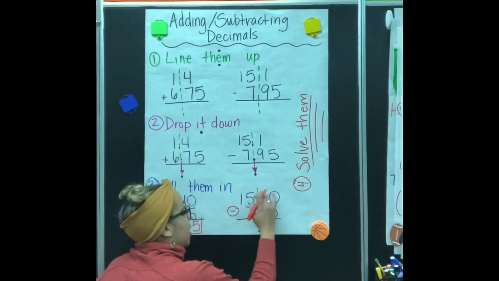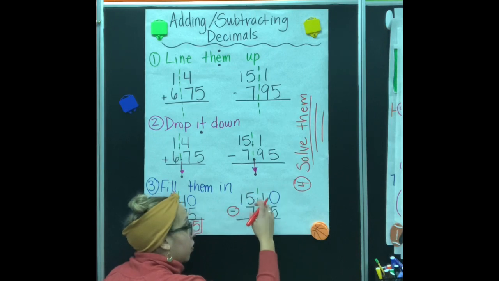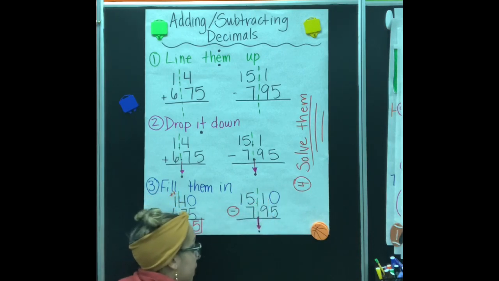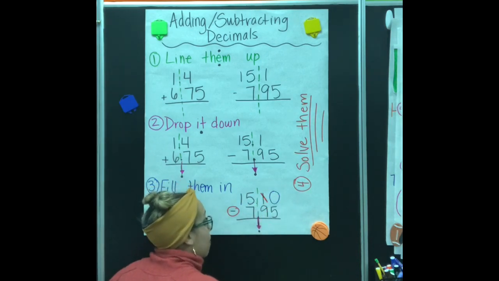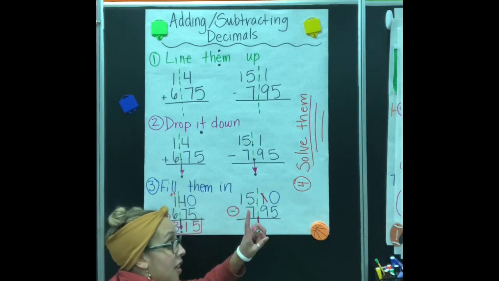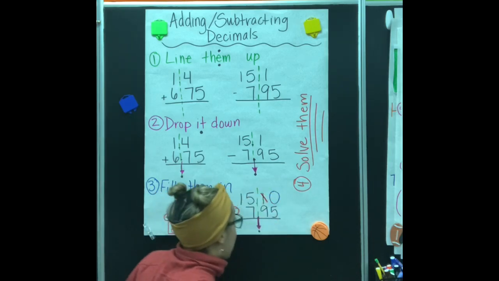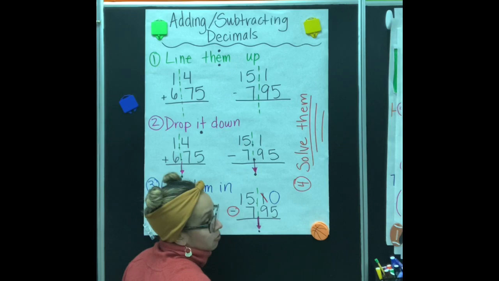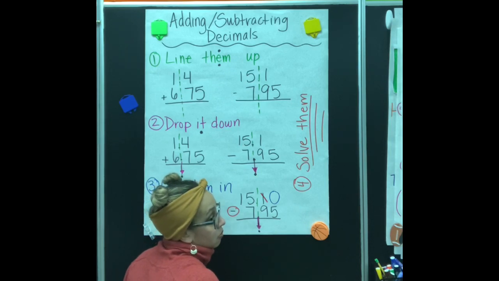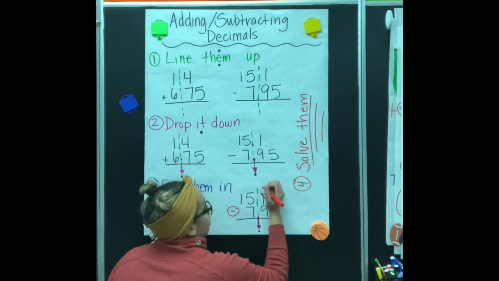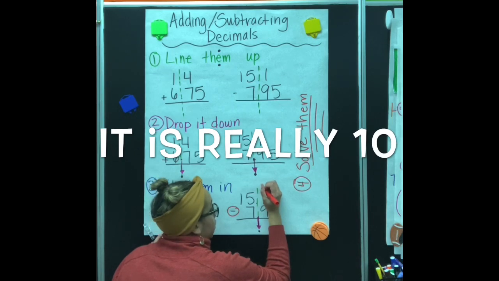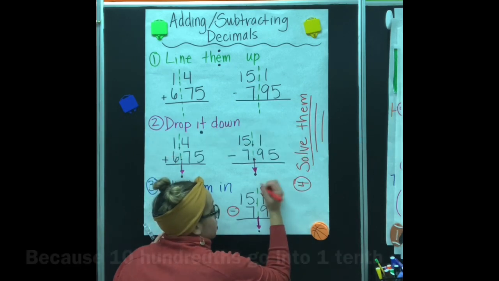What I have to do is borrow or regroup from the tenths place. So I'm going to take my 1/10, and I'm going to break it up into how many pieces? 100. So this turns to a 0.